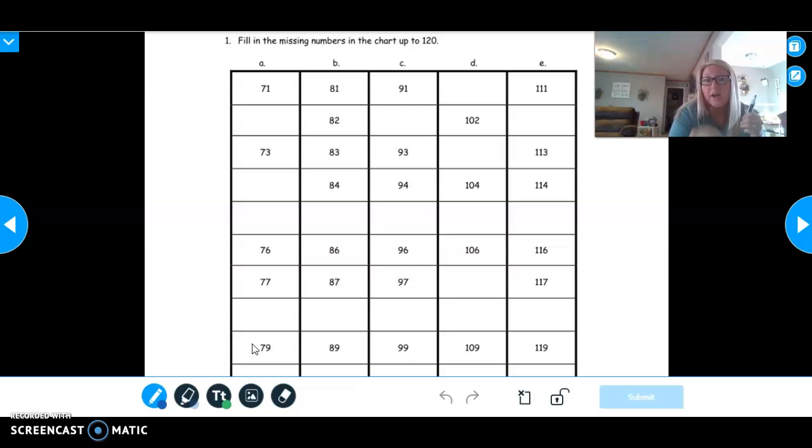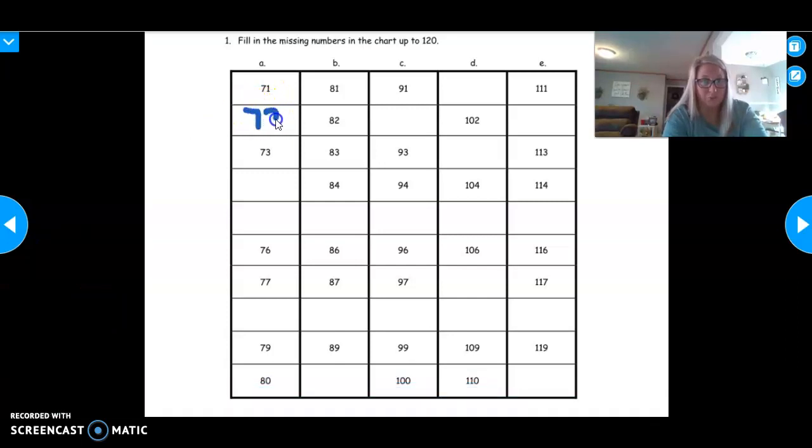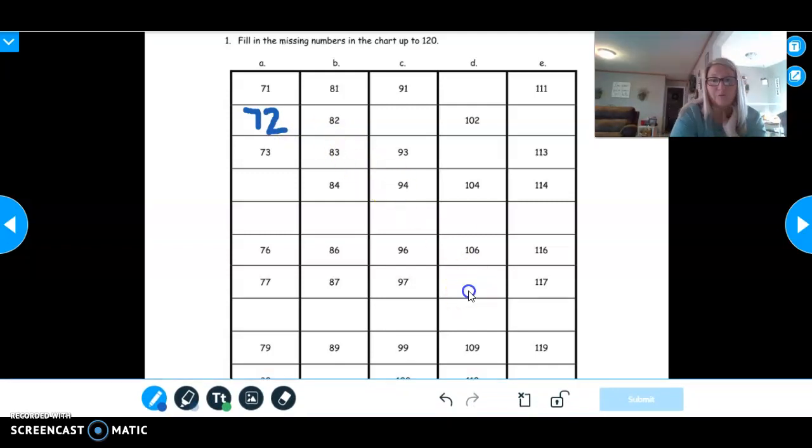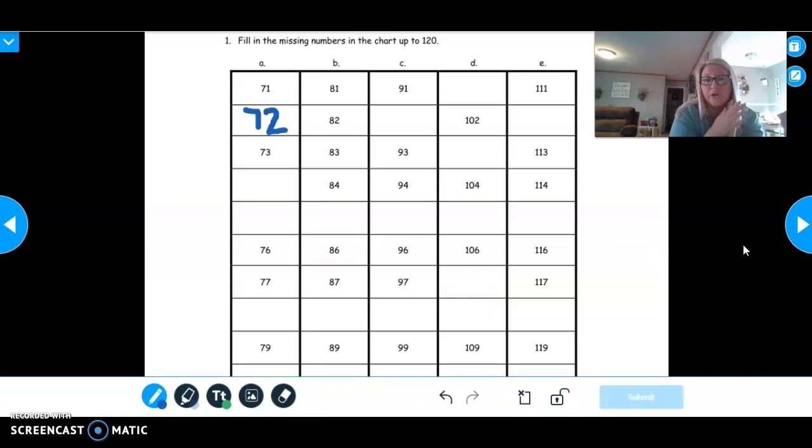Okay, so for example, 71, then this would be 72. You're going to go down instead of across. So pay close attention to that. You'll have one like this on your Showbie assignment today that is very similar. They just have different missing numbers, and it's going to be the same layout. So they go down instead of across.